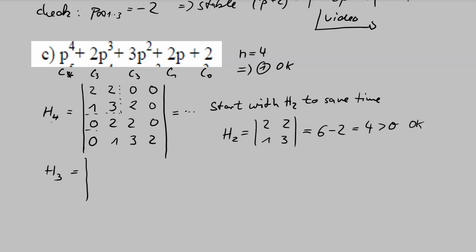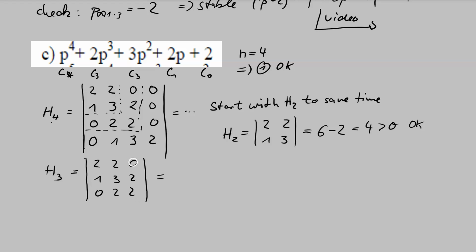H3 is the subdeterminant with the following cells: 1, 3, 2, 0, 2, 2, and we have to calculate this, so we can decide. Here are 2 zeros, not in the same row or column, so either I can develop for this or for that cell.